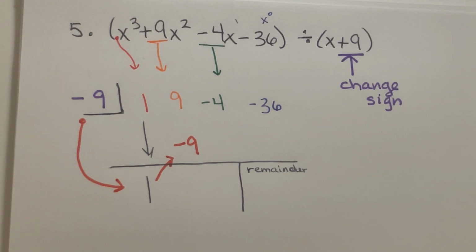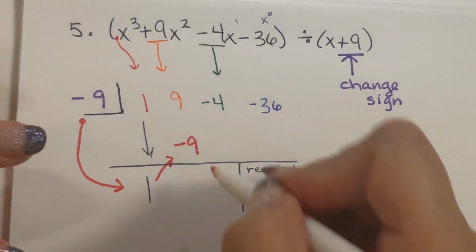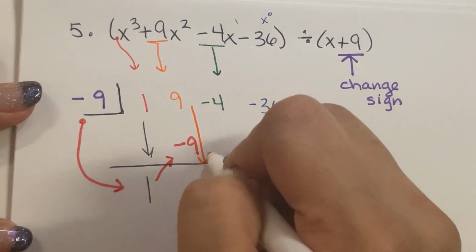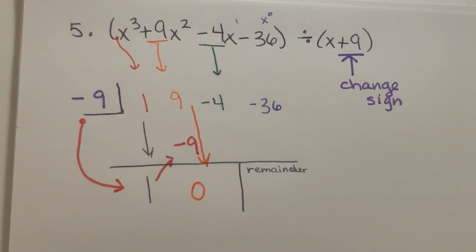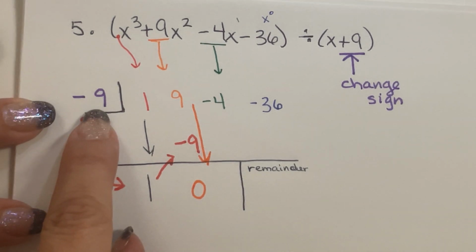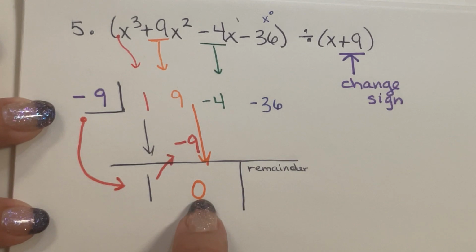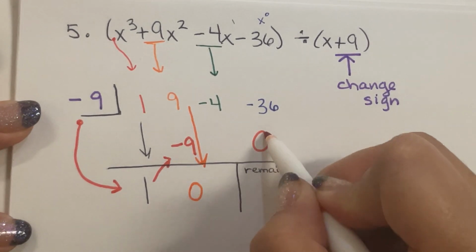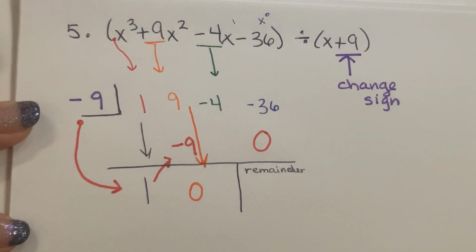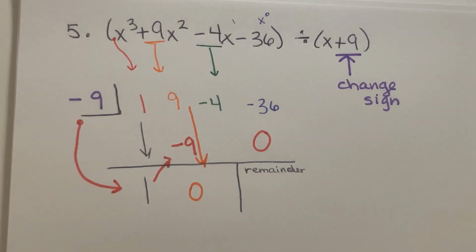Step 3, add straight down. And now you're going to repeat steps 2 and 3 until there's nothing left to do. So step 2 was to take your divisor number and multiply it and write the answer here. Step 3 was to add straight down.